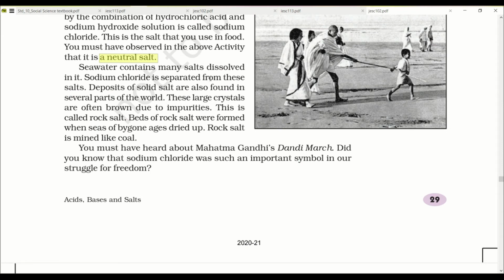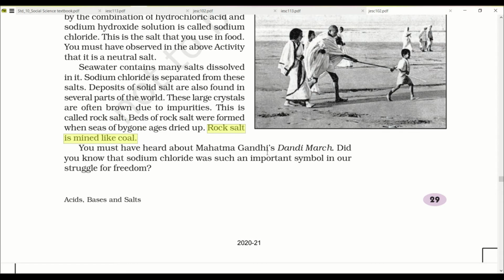Sodium chloride is separated from this. Deposits of sodium salt are also found in several parts of the world. These large crystals are often brown due to impurities. It is called rock salt. Beds of rock salt were formed when seas of bygone ages dried up. Rock salt is mined like coal.